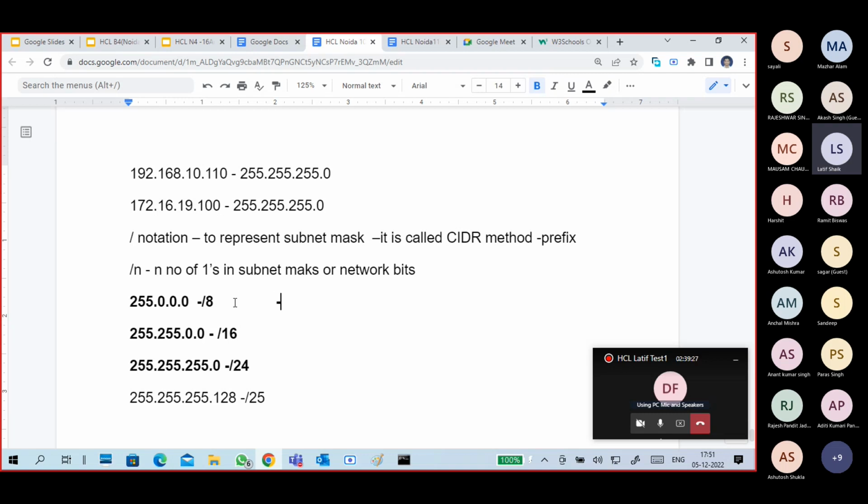Otherwise, I will write here, guys. Look at this in binary: 8 ones are there.